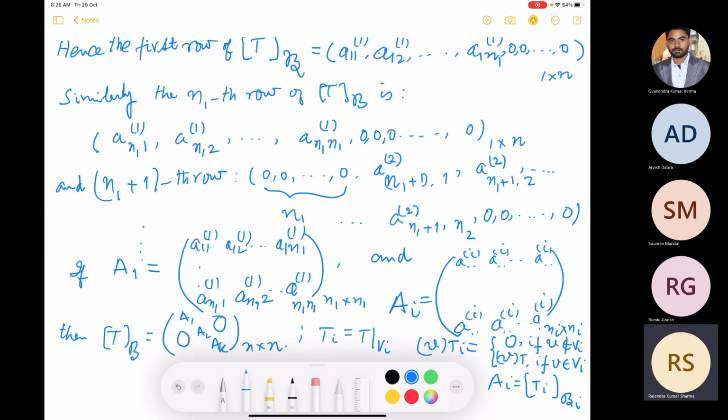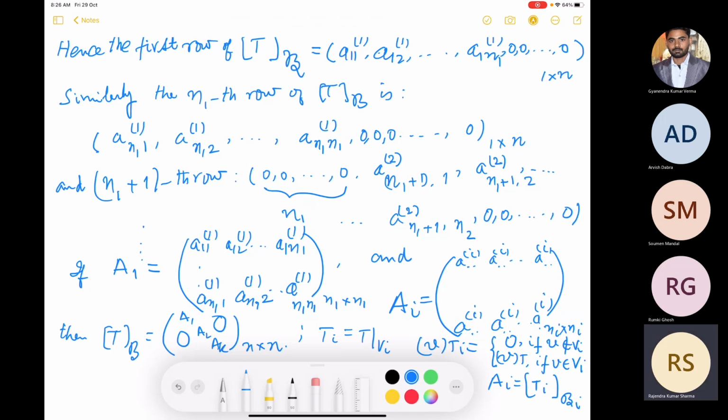So it proves a very interesting result about linear transformations: that the matrix with respect to some basis will be of this form. We want to see more of it. More of it means just more information about these matrices, the A_i's.